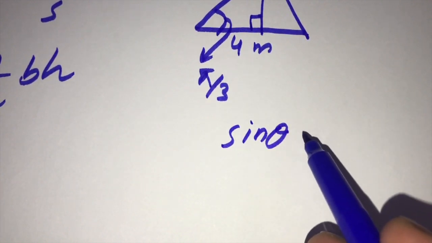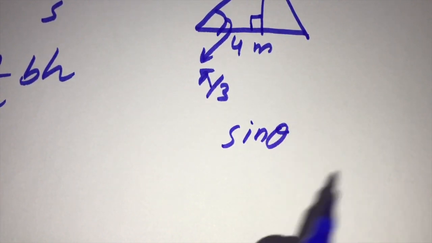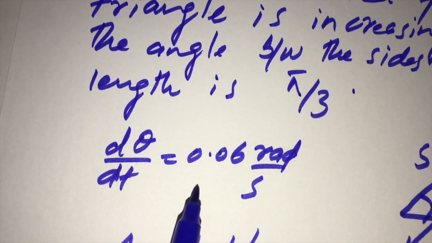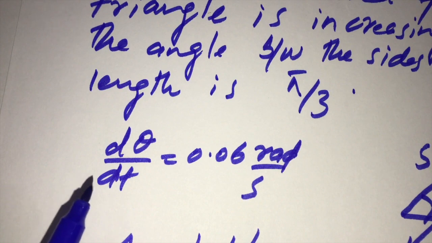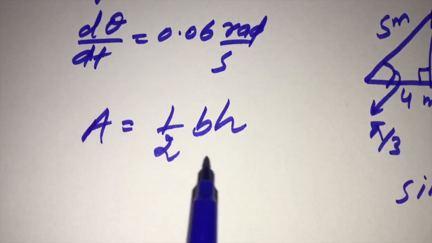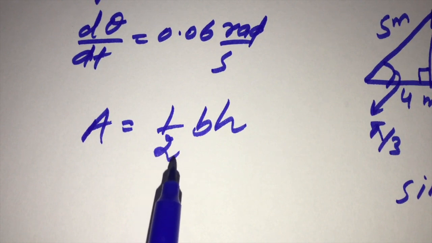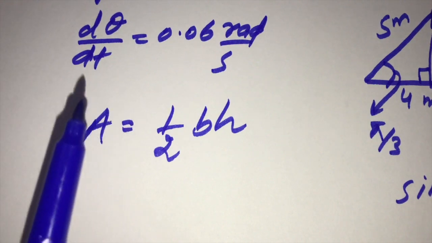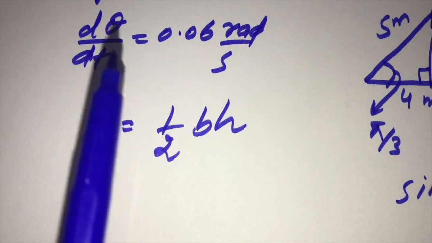And why we need this relation, I'll tell you. Because we are given d theta by dt, the rate of change of angle with respect to time. But in our area equation we do not have the angle, and we are not given dh by dt.